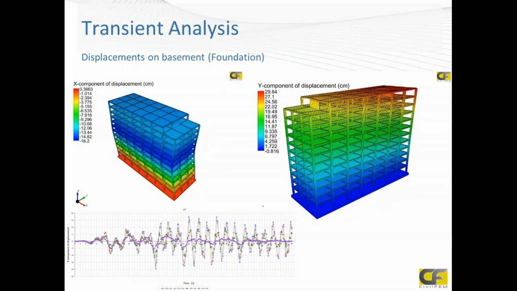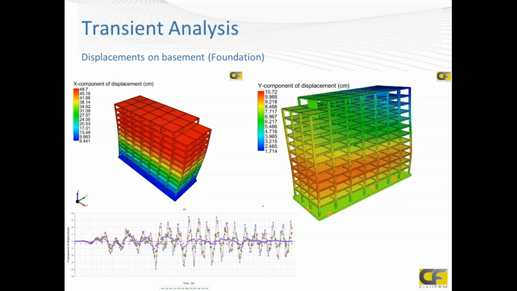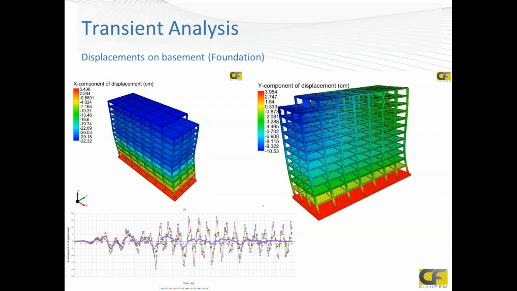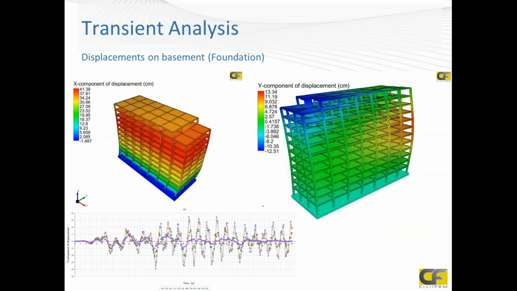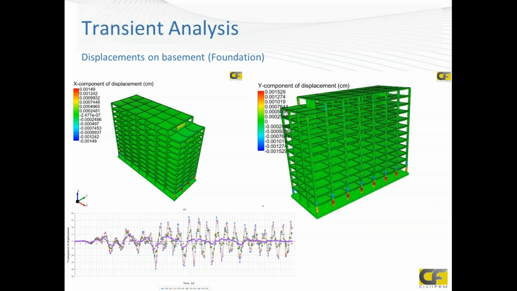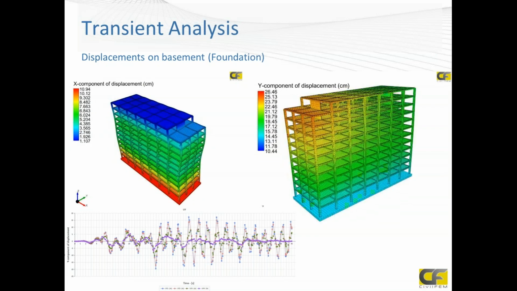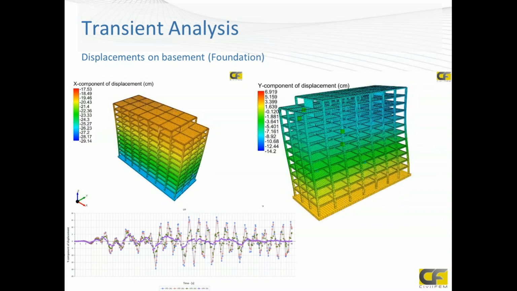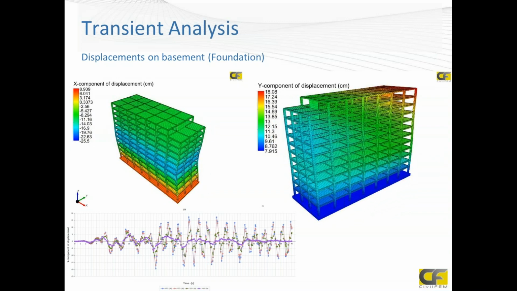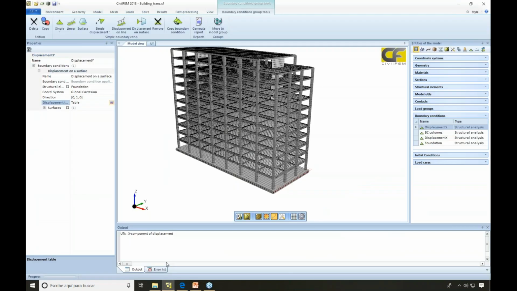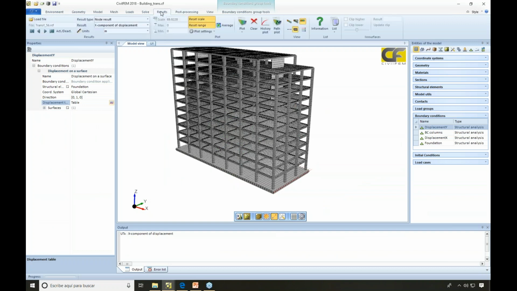We can define this in X and this in Y direction, and we can add cracking, yielding, contacts, large deflections. This is a video of the result of displacements in X and Y. But of course, we can use the history plot, or we can plot.